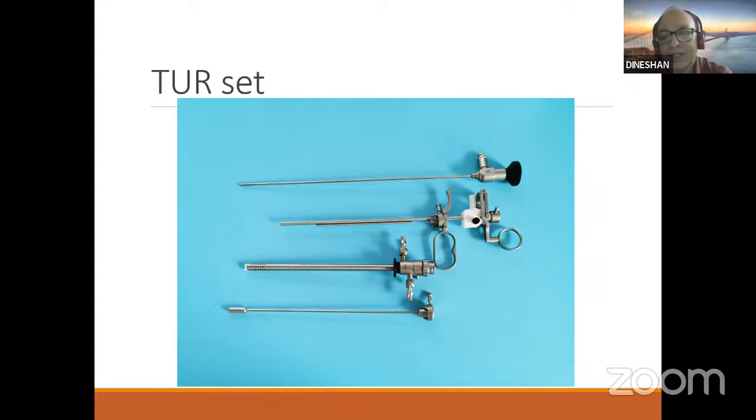But with the introduction of the Iglesias system, which is a continuous irrigation system, you have two sheaths, the inner and the outer sheath, and the working element. I will discuss each one separately, and you have the obturators. And the standard telescope used is the 30-degree scope.